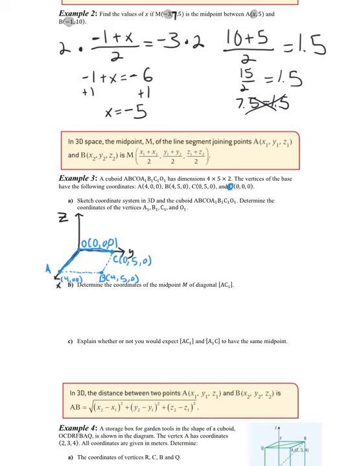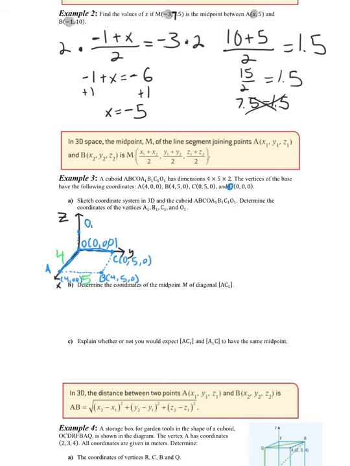And now it's saying the area is 4 by 5 by 2. So this distance is 4, this distance is 5, which means the height has to be the 2.